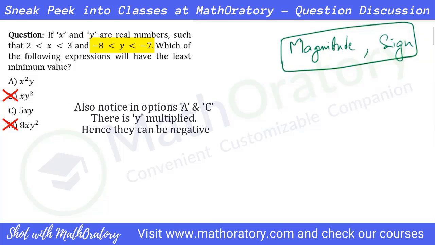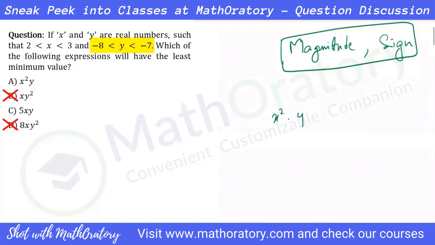Now, coming to A and C, there's something similar in A and C. You have x square into y and you have 5x into y. The y is anyhow common. You have the same power of y for both of them, so you can eliminate the y part because y will make it negative, of course. But which one will have the lower minimum?